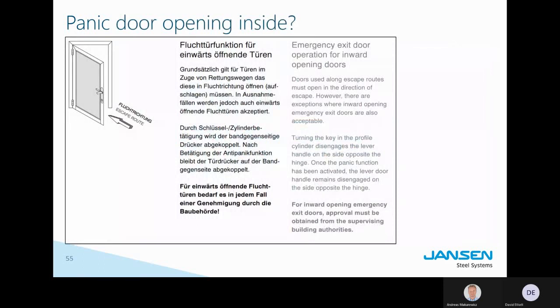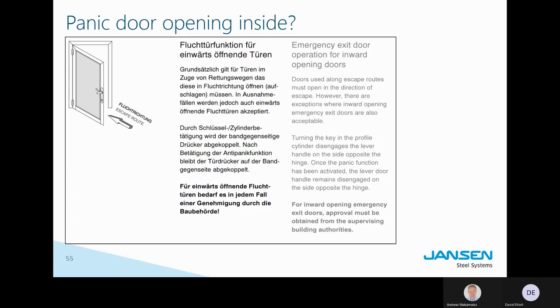Now, the opening direction of a panic door or emergency door is usually towards the escape direction. So you're running out of the building, the door opens to the outside. That's usually the rule. There are some situations where the door cannot open to the outside.